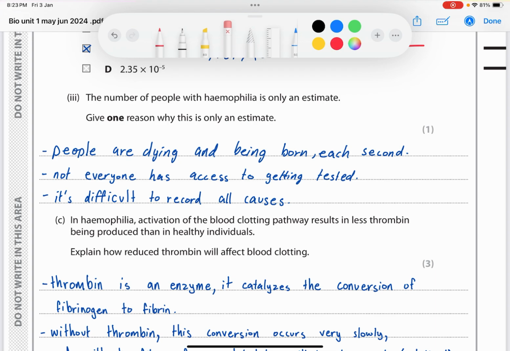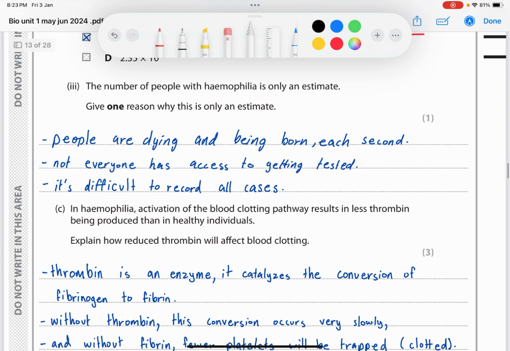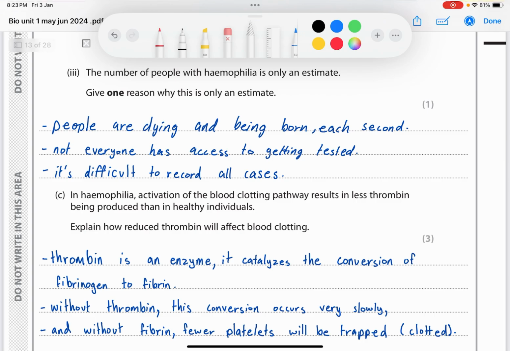I'm sorry, it was supposed to be cases, not causes. It's not easy keeping track of each person that's being born and dying, so there will be some inconsistencies within the data that we have.